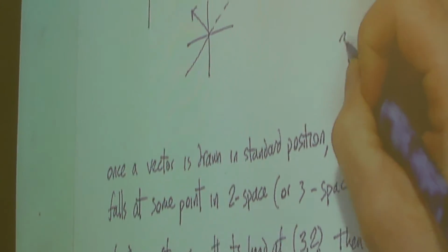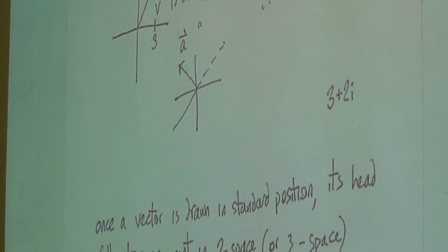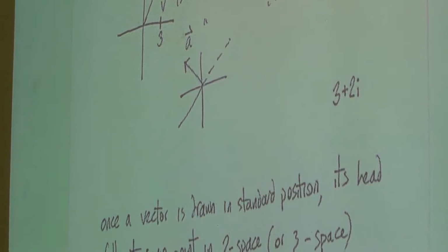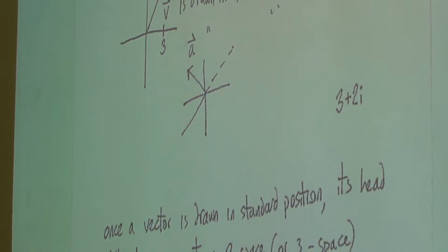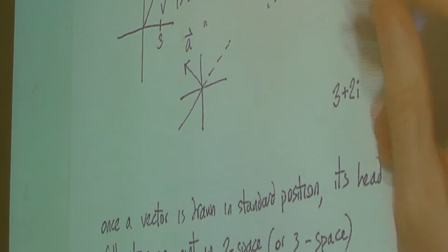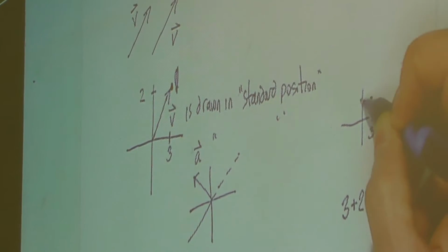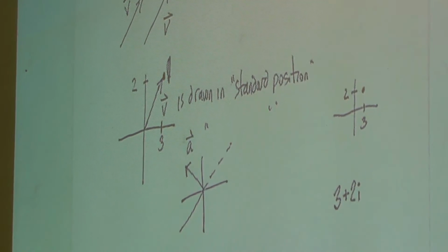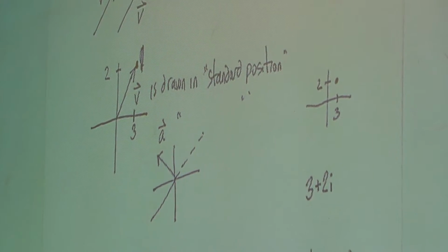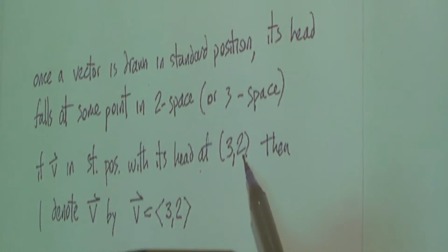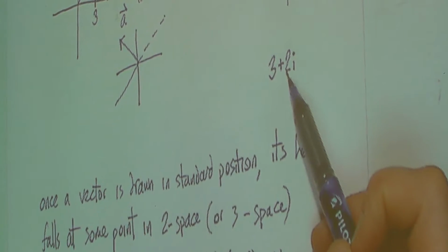You may also recall that if you're asked to place this imaginary number in the plane, this imaginary number in the plane would correspond to the point 3, 2. And so you have really 3 identifications. You identify this vector with this point, which can be identified with this complex number.